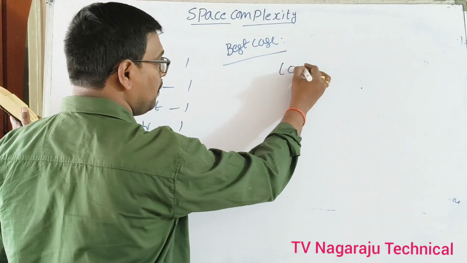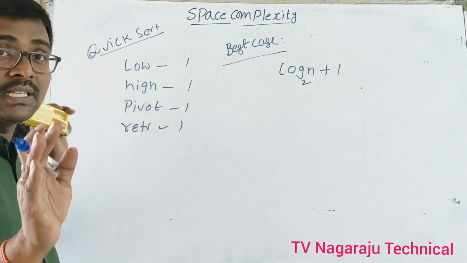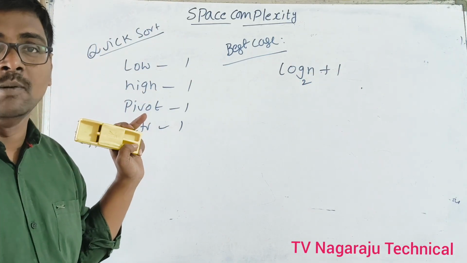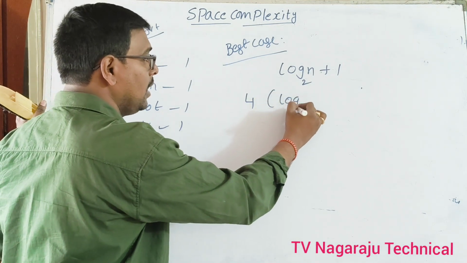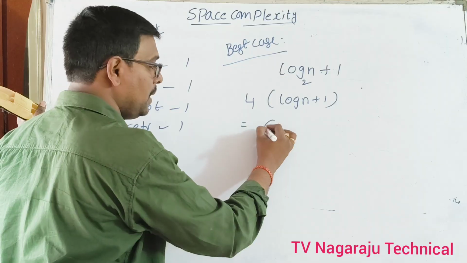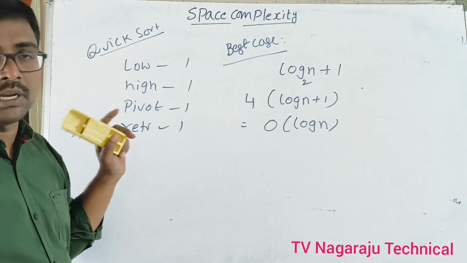So that complexity, the depth of recursion, is this one. And quicksort doesn't use any additional array. So the complexity is 4 into log n plus 1, simply big O of log n. This is the space complexity.